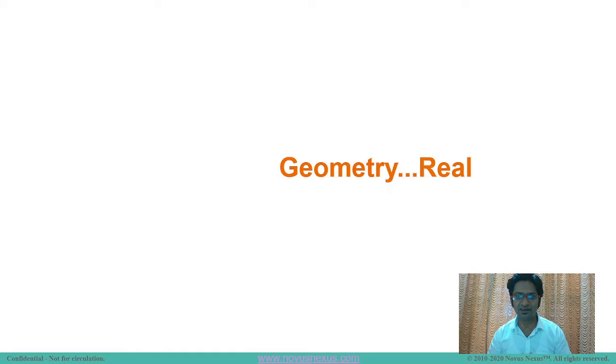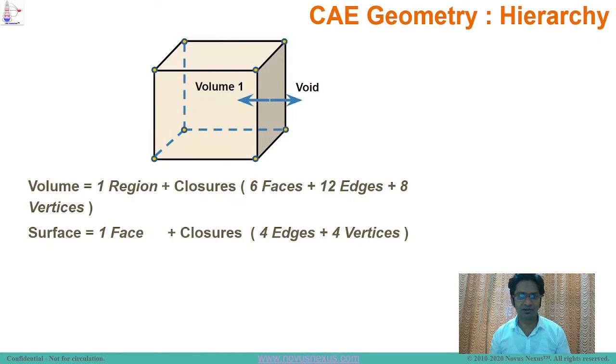Let's now see a real geometry which is easy to understand and visualize from a topological point of view. You can see on the screen, this is one cube structure, and this cube structure is made up of 6 faces, some edges, that is 12 edges, and vertices, that is 8 vertices.